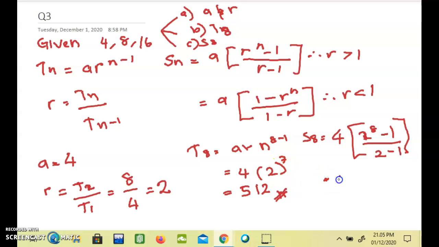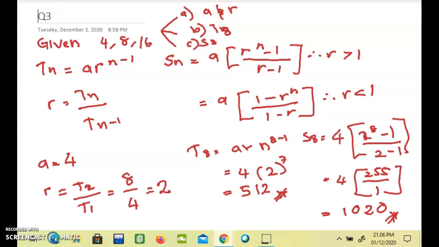So 4 times 255 divided by 1. So the answer is 1020. Hope you can understand, I'm just replacing the values A and R in the formula given. So please do remember the formula for geometric and for arithmetic.